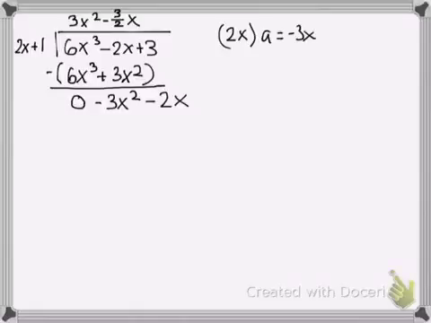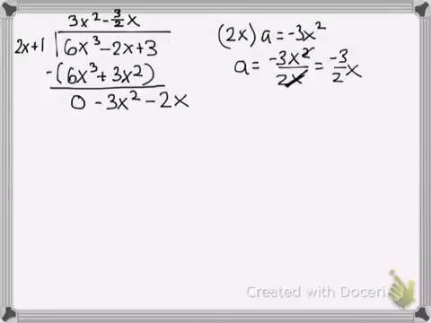Just solve for that. So a is negative 3x squared over 2x, where one of the x's on the top cancels with the one on the bottom, and you get negative 3 halves x. So that's where that negative 3 halves x came from.